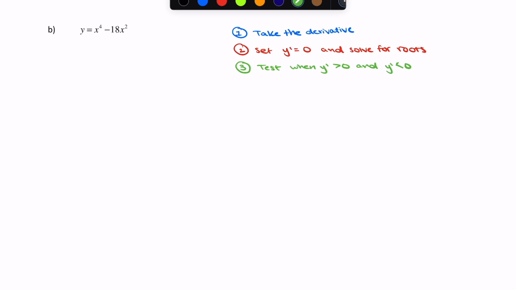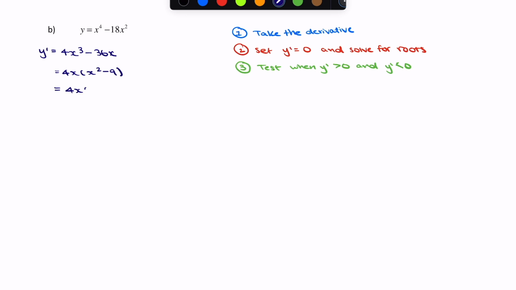Okay, so here we have x to the power of 4 minus 18x squared. So we'll take this derivative here. So y prime is equal to 4x cubed minus 36x. Here we'll factor out a 4x. We'll be left with x squared minus 9.